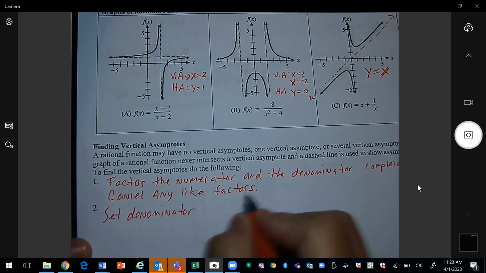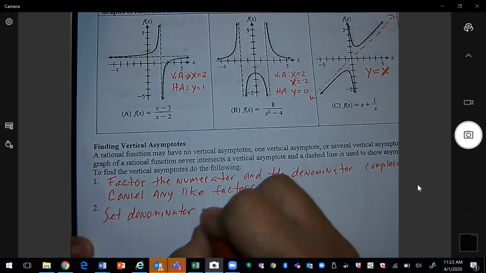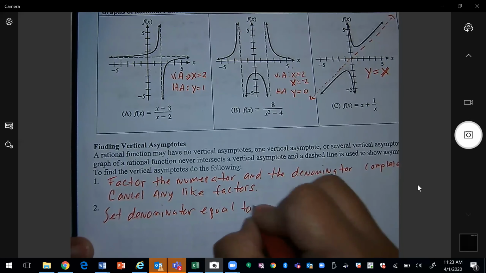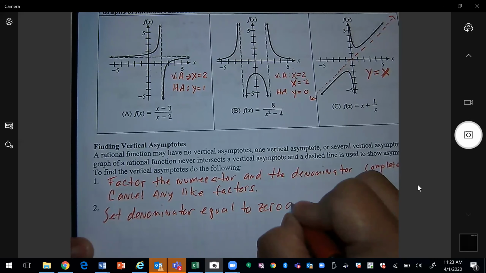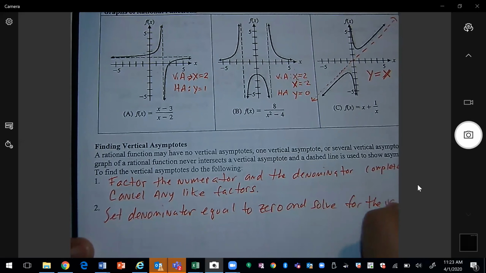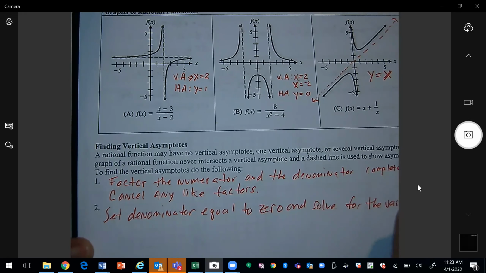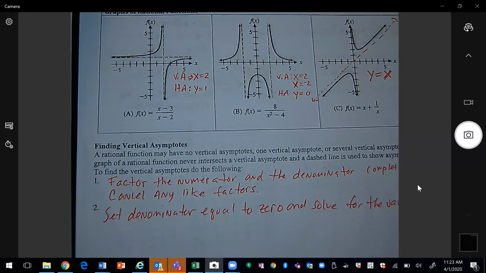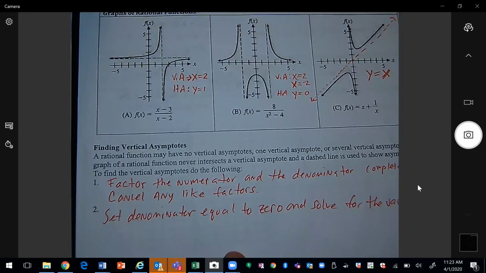But first we have to cancel any like terms. And solve for the variable. Okay, so those are our 2 steps. So let me do an example with those 2 steps.